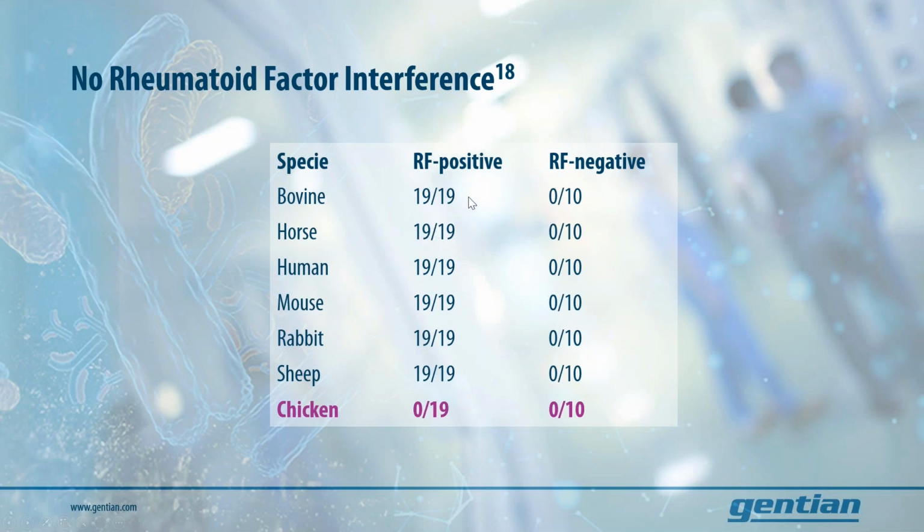Looking specifically at the rheumatoid factor, Larsson et al. did an analysis of 19 samples that had tested positive for rheumatoid factor and controlled this against 10 samples where the rheumatoid factor was negative.